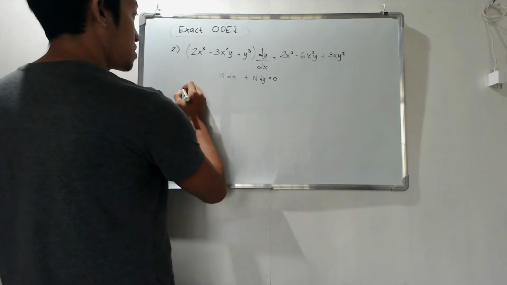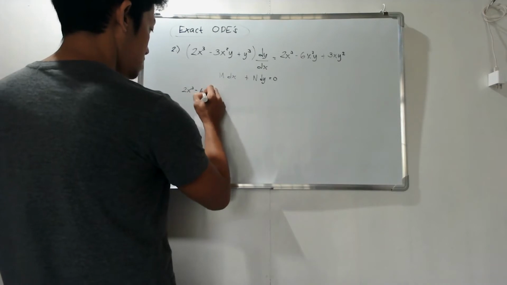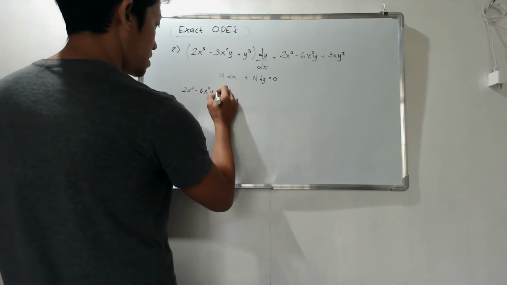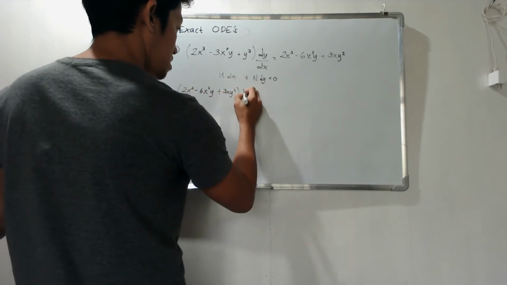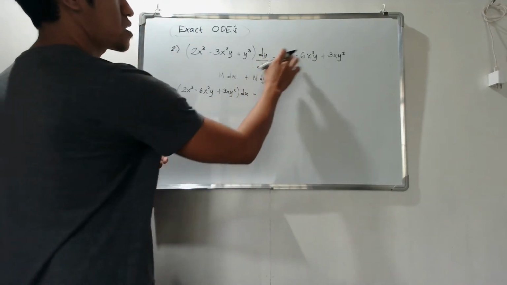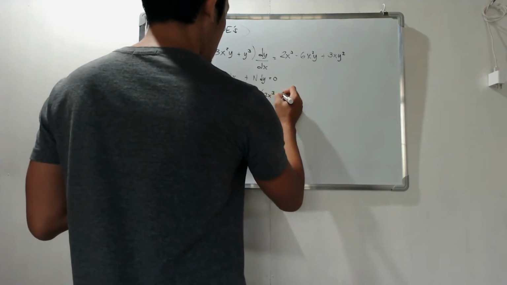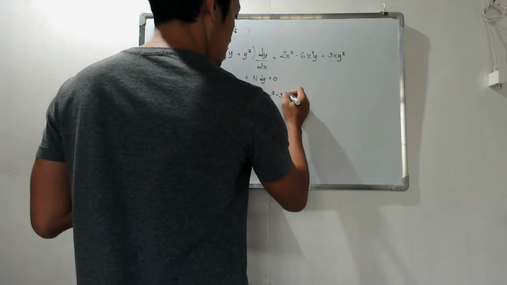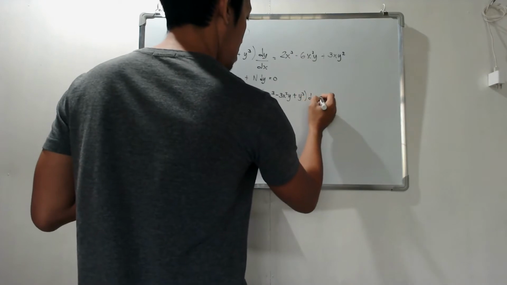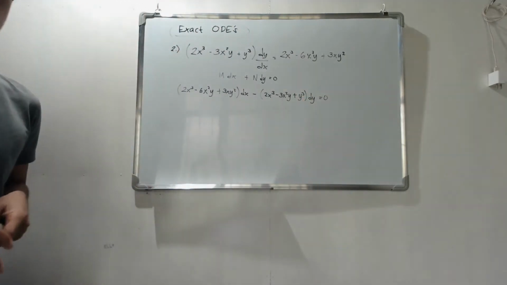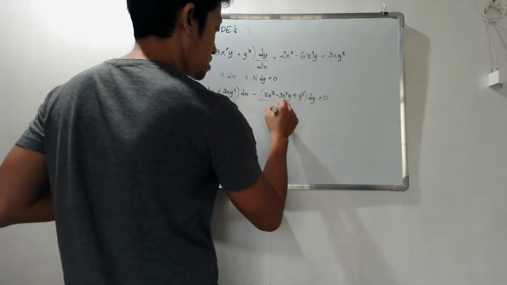Okay, so let's arrange this one. So you have 2x cubed minus 6x squared y plus 3x y squared, minus y cubed. Okay. This is now your m, and this is now your n.